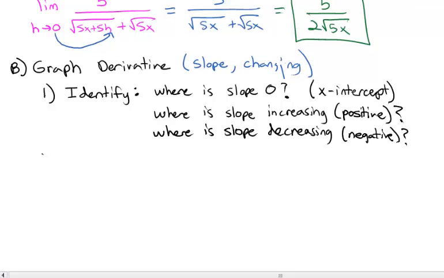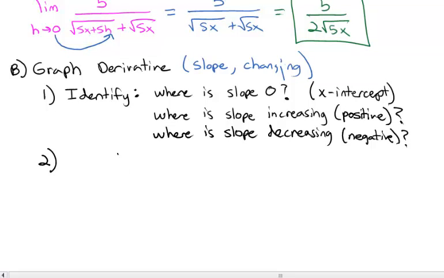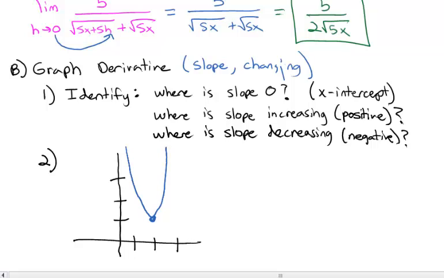So let's try a really simple example. I'm going to do a parabola with a vertex over here at 2, 1. And then we are going to graph the derivative of the slope, the derivative of the graph.